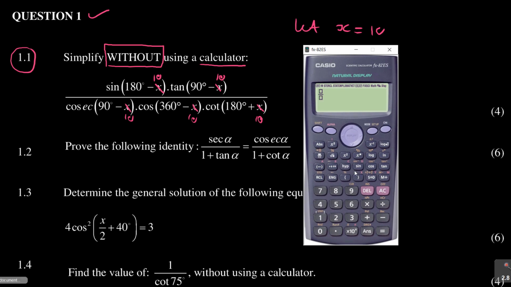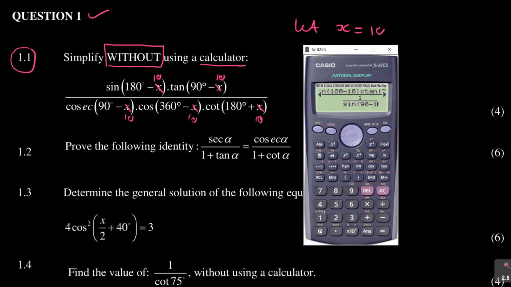It helps me know what it does simplify to. So it's x minus sine x minus 10, and then times sine 90 minus 10, so that I can see what it gives me. Cosec. Now remember, what is cosec? Cosec is 1 over sine 90, because I don't have cosec here.